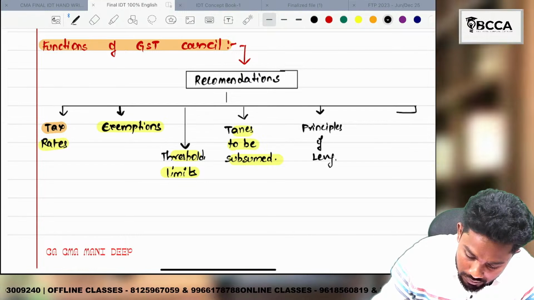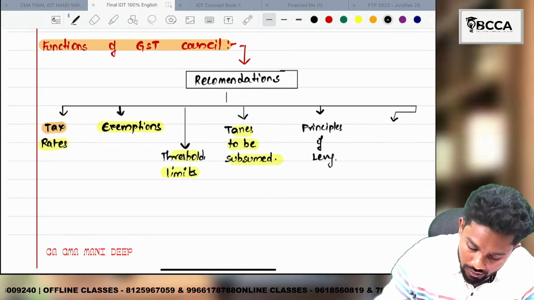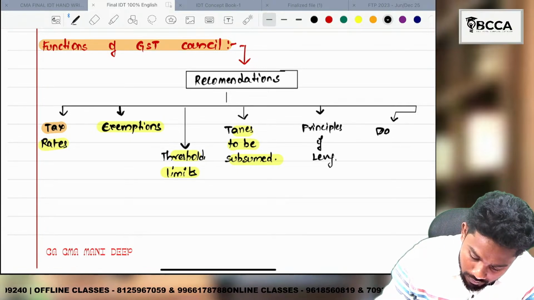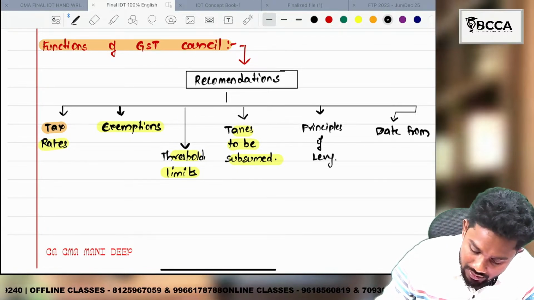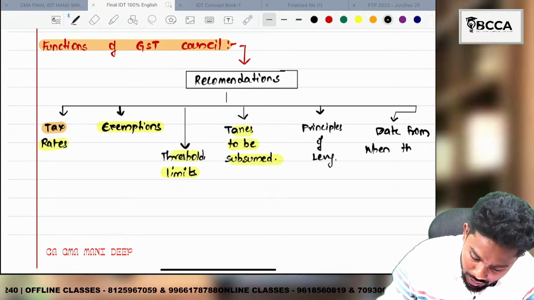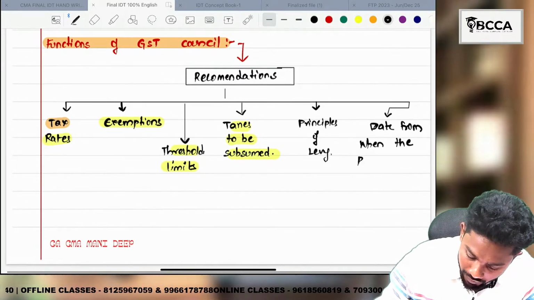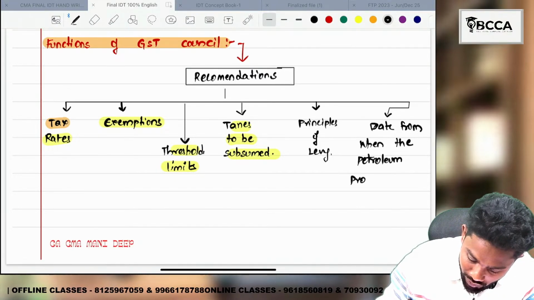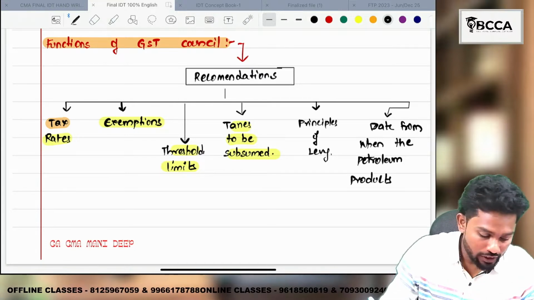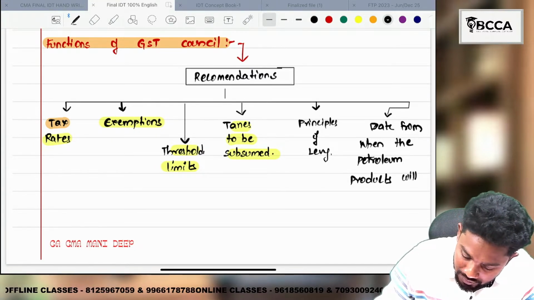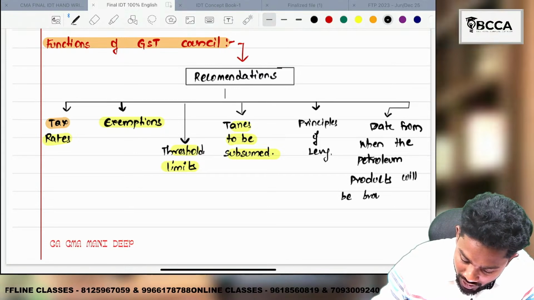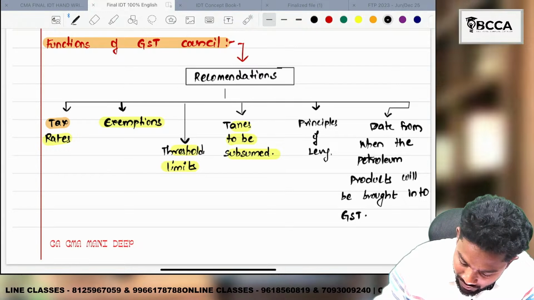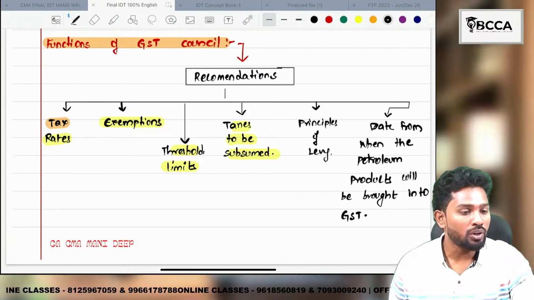Then the date from when the petroleum products will be brought into GST.